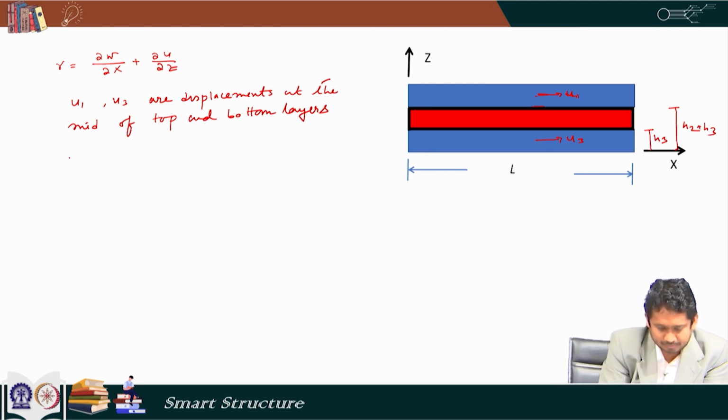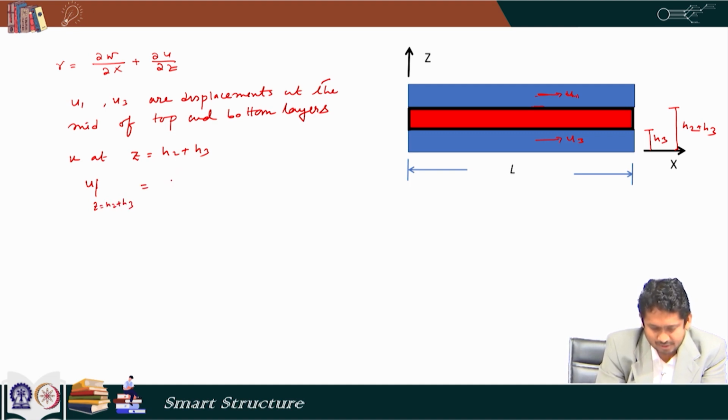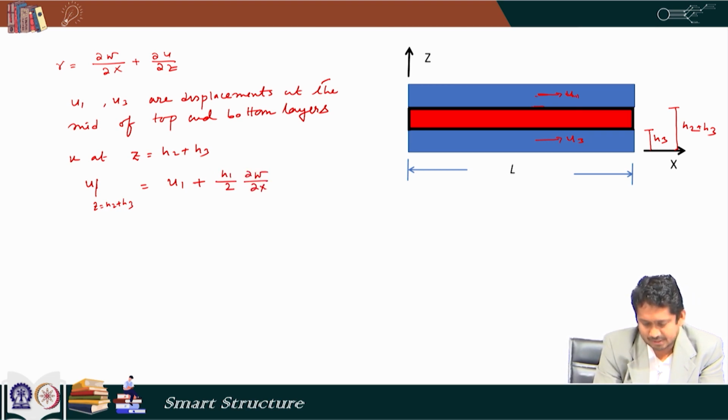So, U evaluated at Z equal to H2 plus H3 is U1 plus H1 by 2 multiplied by del W by del x.